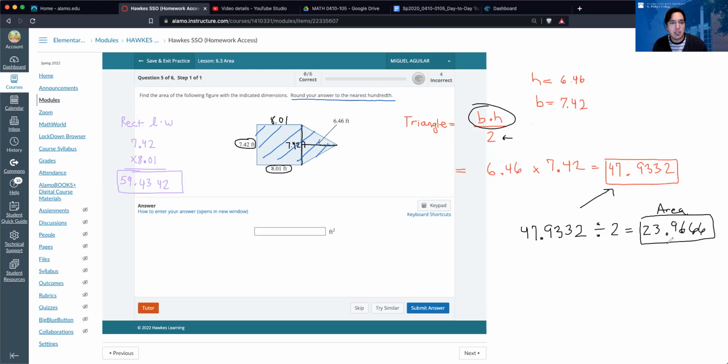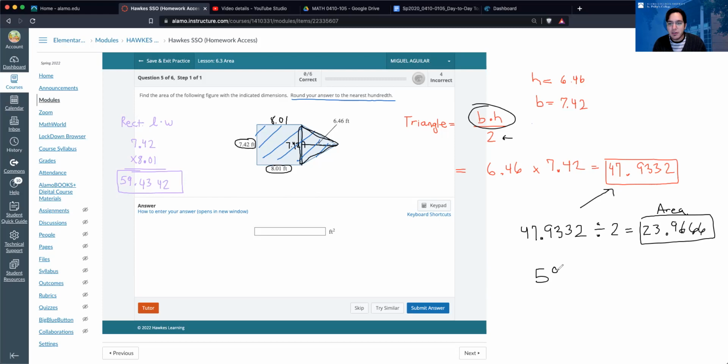Okay. All right, so this is the area of the triangle. And that makes sense actually, because the triangle, if you just eyeball it, it should be roughly half. It should be smaller than the area of the rectangle. It looks like a smaller shape. It takes up less space. So now we can go ahead and add the area.